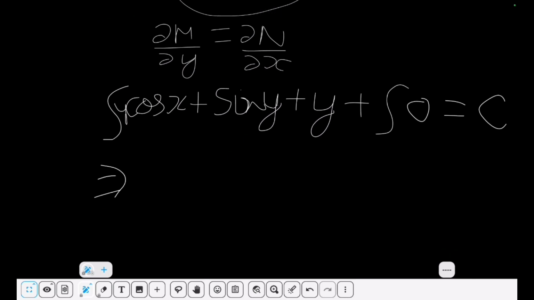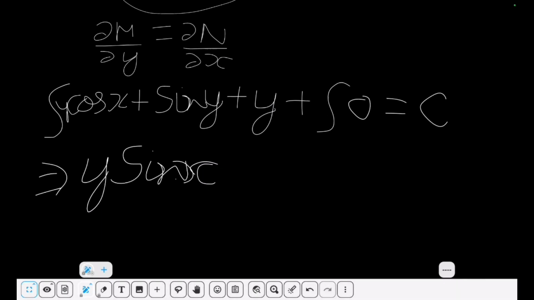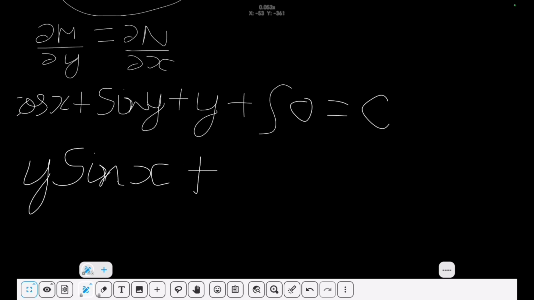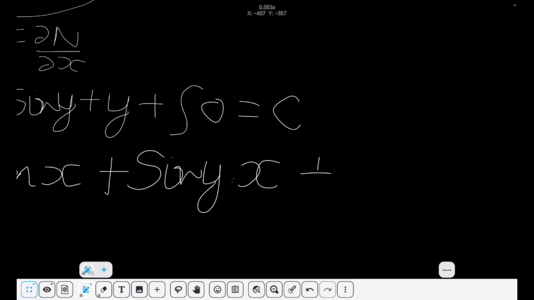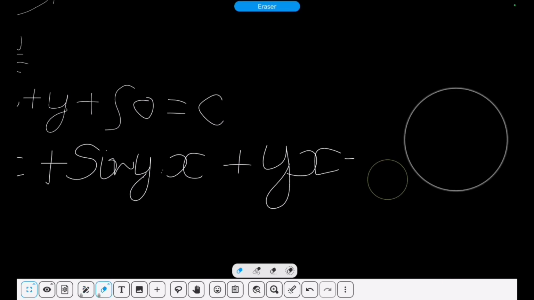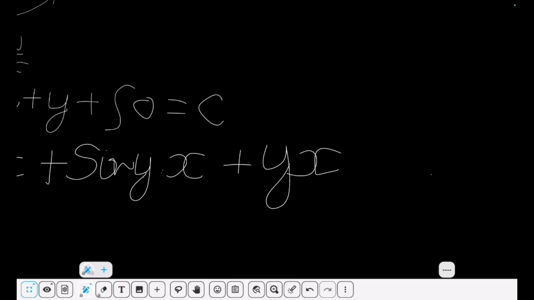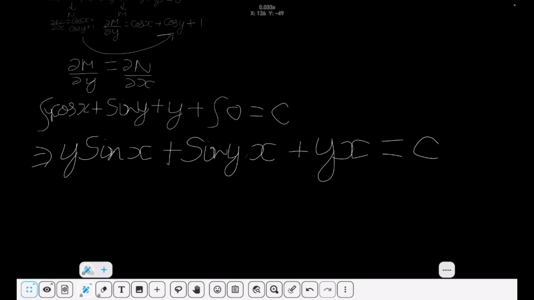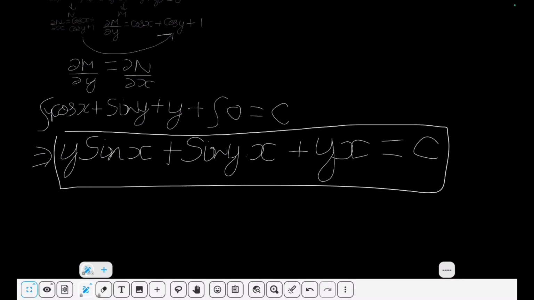So integration of y is constant, cos x is sin x, y sin x, plus sin y will be constant into x, integration of 1 will be x, so plus y into y is constant into integration of 1 is x, plus integration of 0 is 0 itself, so no need for a plus here, so that equals c. So this is the final answer.